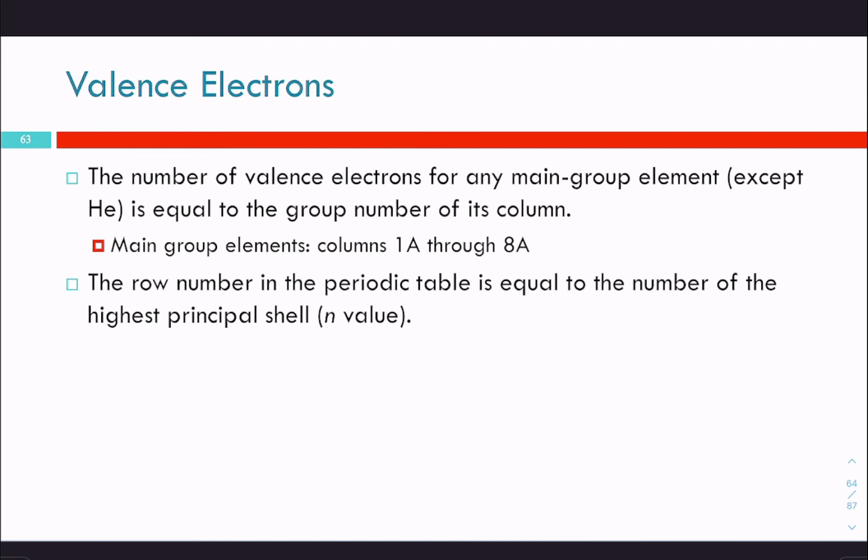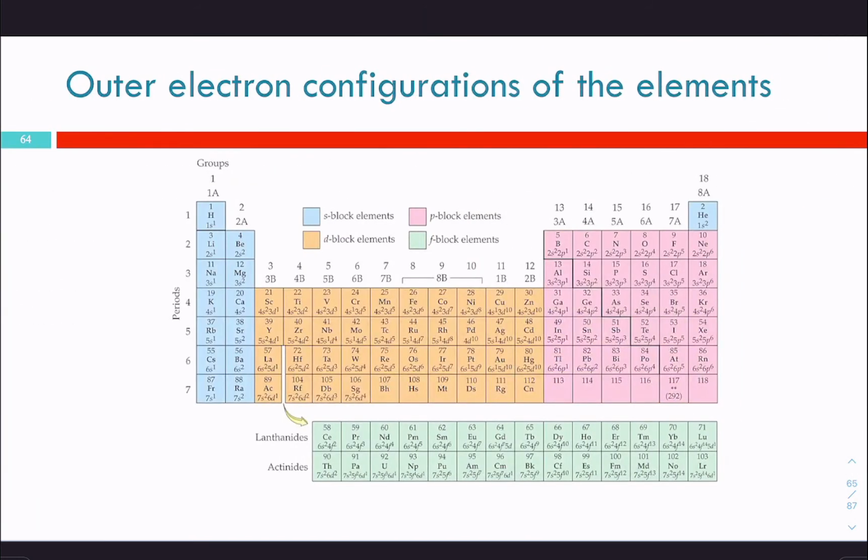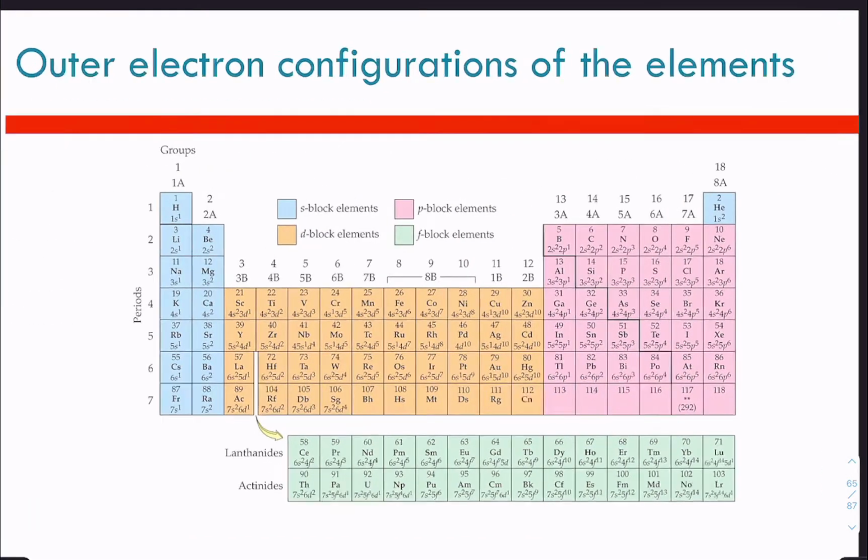The d block's weird. We don't get much into the d block in this class. And then the row number of the periodic table is equal to the highest principal shell. So again, here's this periodic table.